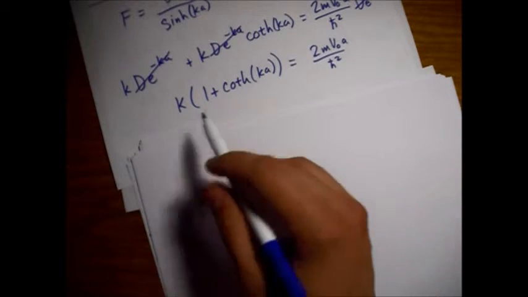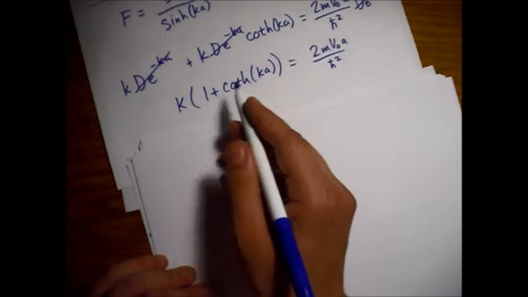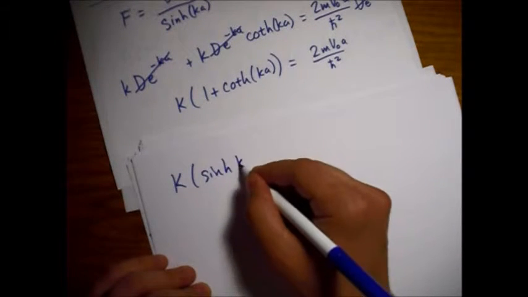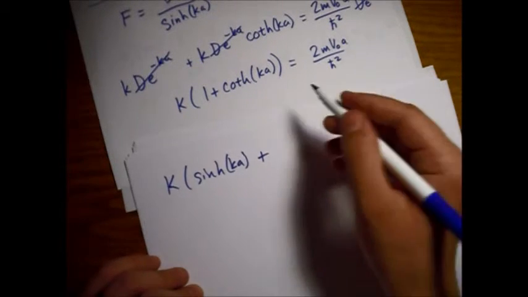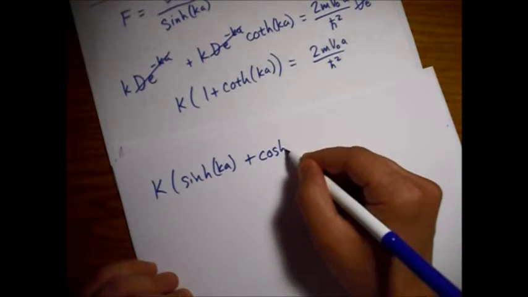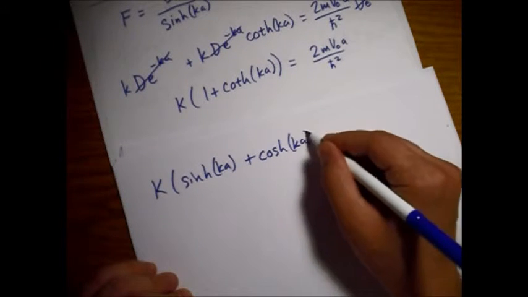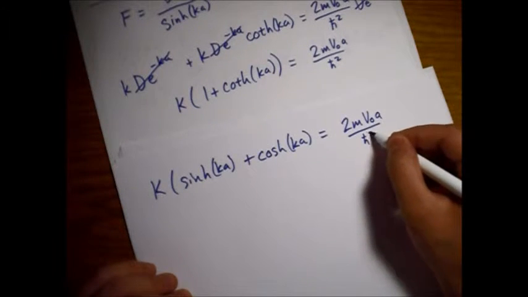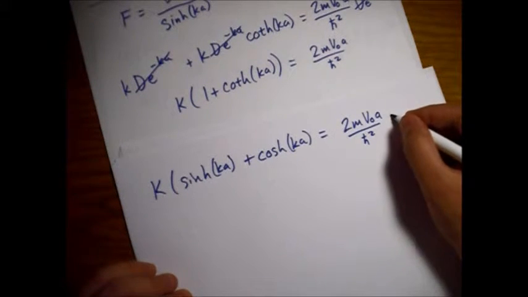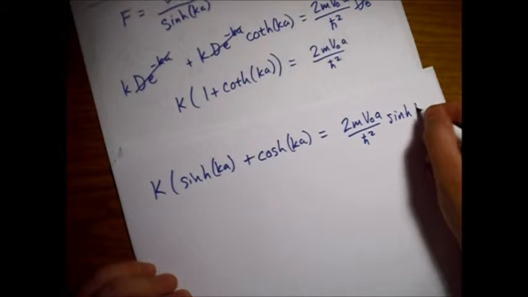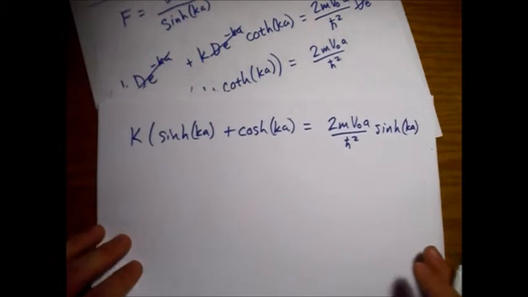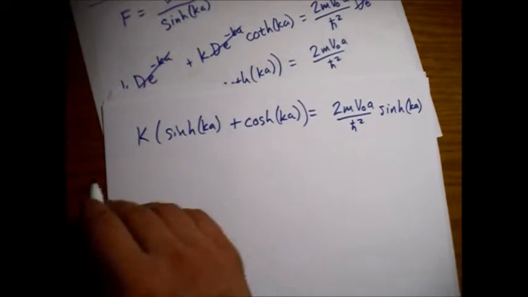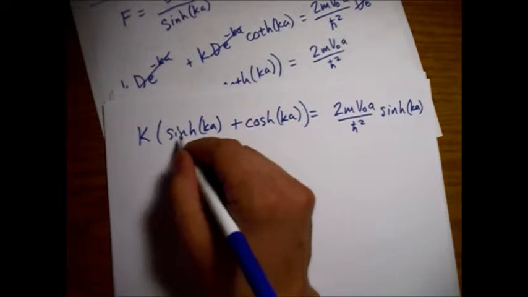Let's multiply both sides of this by a hyperbolic sine. Okay, so that will give us a hyperbolic cosine here, and we were multiplying by hyperbolic sine. There should be another parenthesis there. Let's go ahead and work this out real quick.